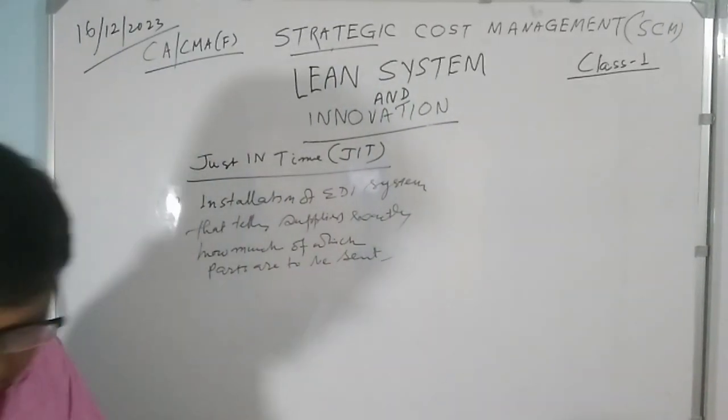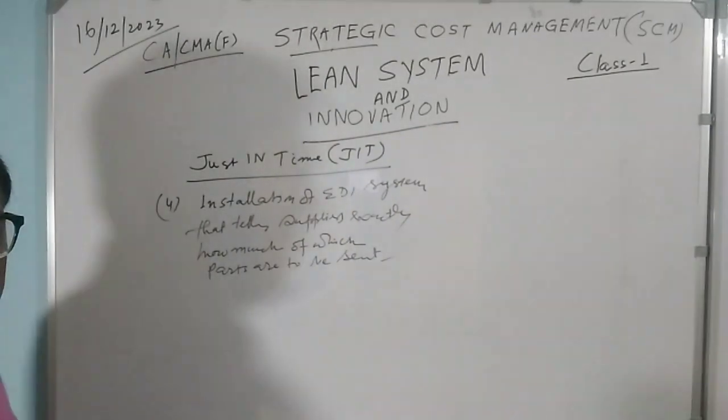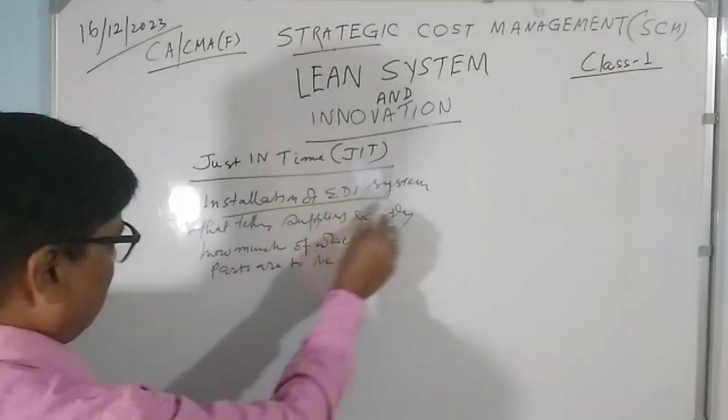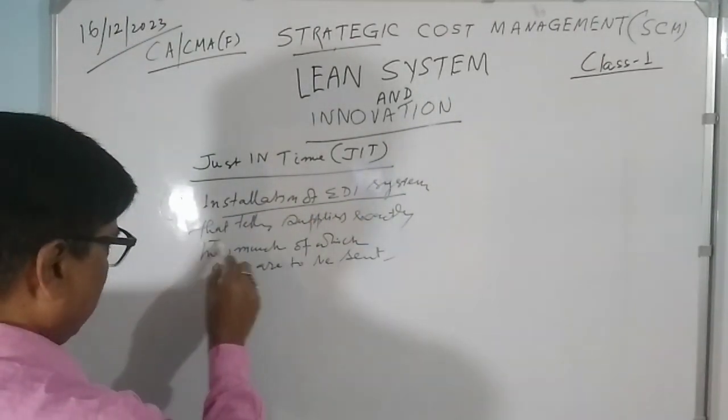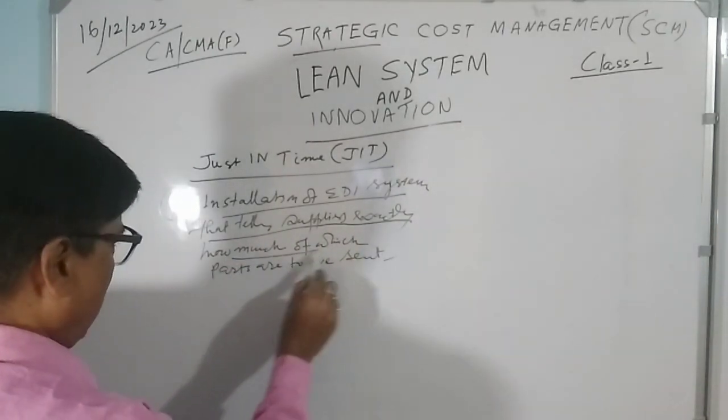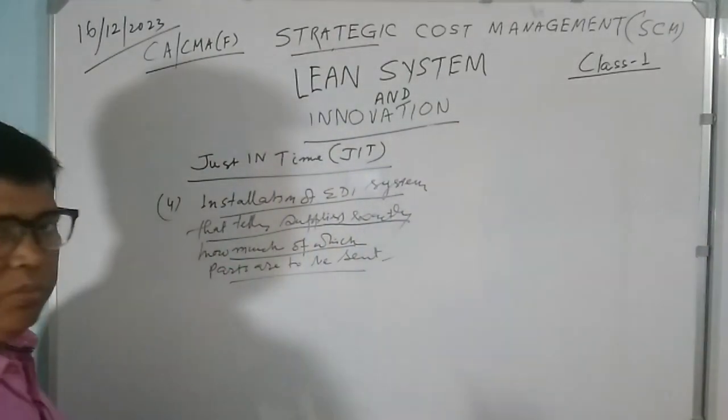See, after the earlier stage, you are verifying the inspection at your supplier's place. Installation of an EDI system that tells suppliers exactly how much of which parts are to be sent.